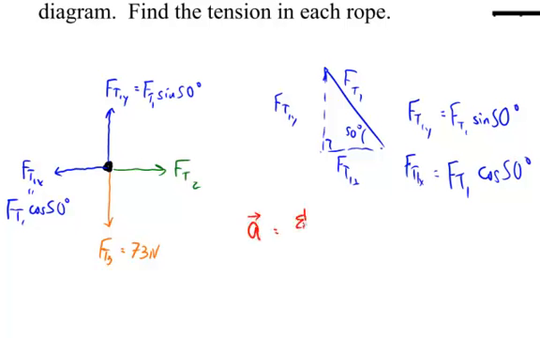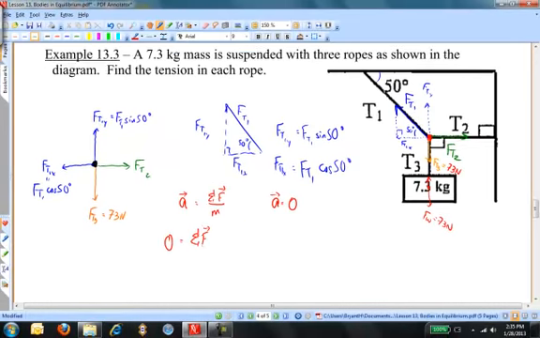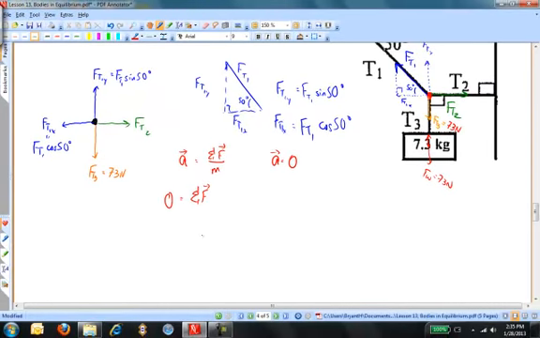Remember, Newton's second law says that the acceleration is the net force divided by the mass. The acceleration is equal to 0. That's what equilibrium is. So that means that 0 is equal to the net force. Well, I've got two directions that have forces acting. I have the x direction and I have the y direction. So this equation actually has two pieces.